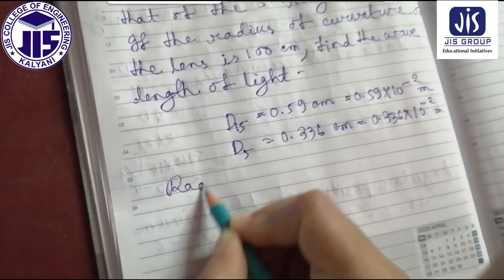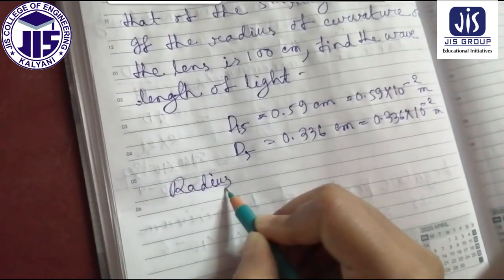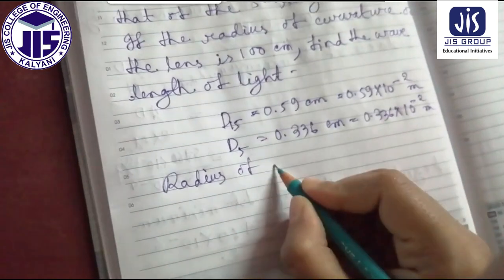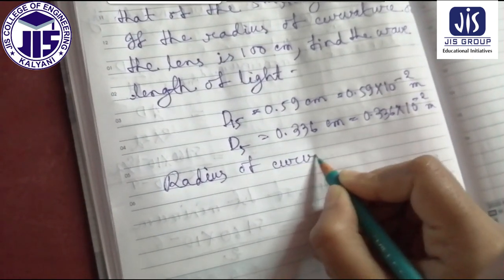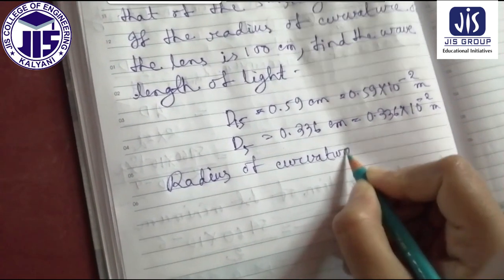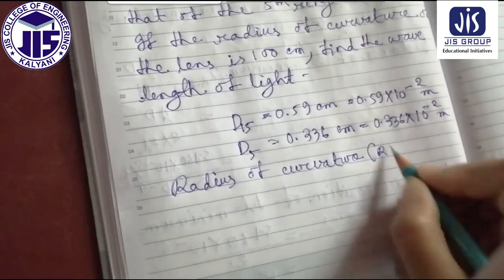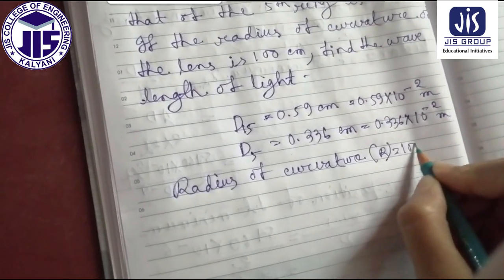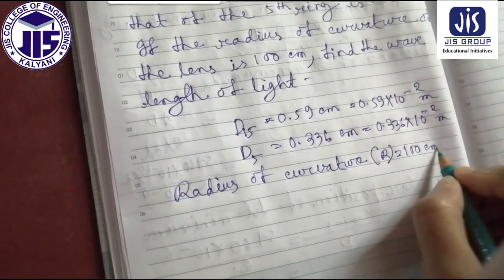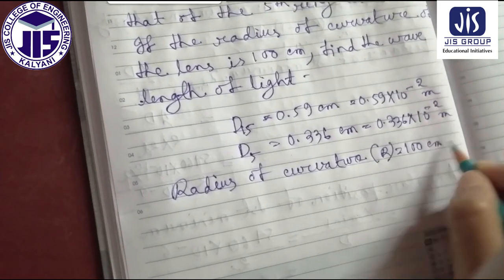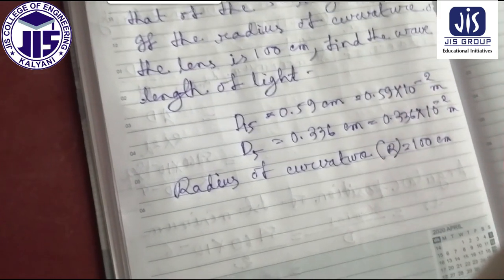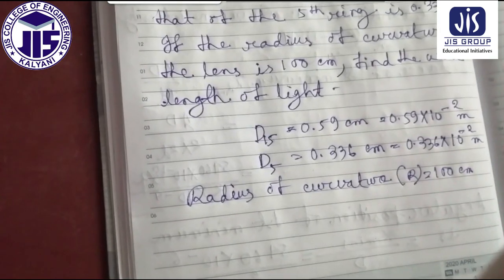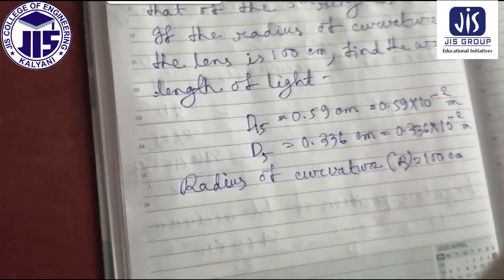Radius of curvature R is equal to 100 centimeter. Now all these values we have to put in a formula.